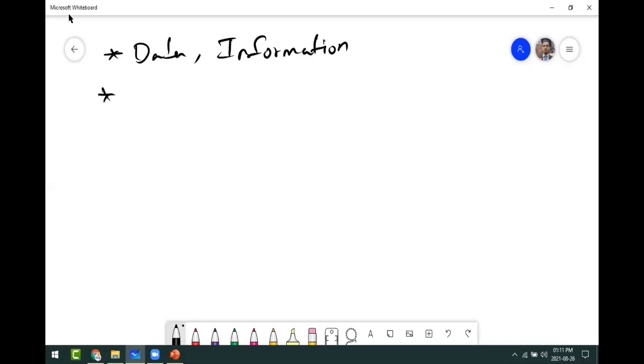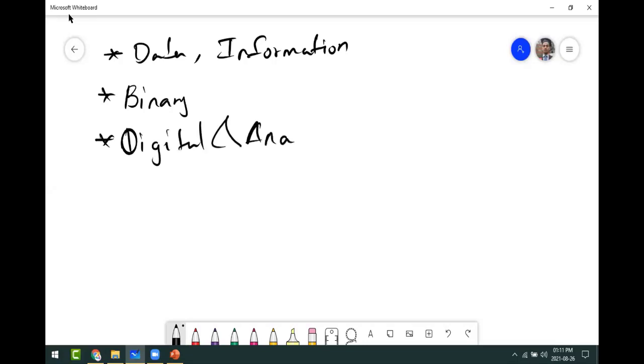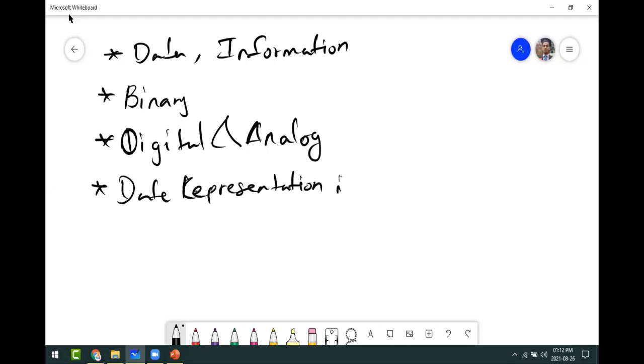And then we talked about binary, digital and analog converters, right? And then data representation in computer, right?